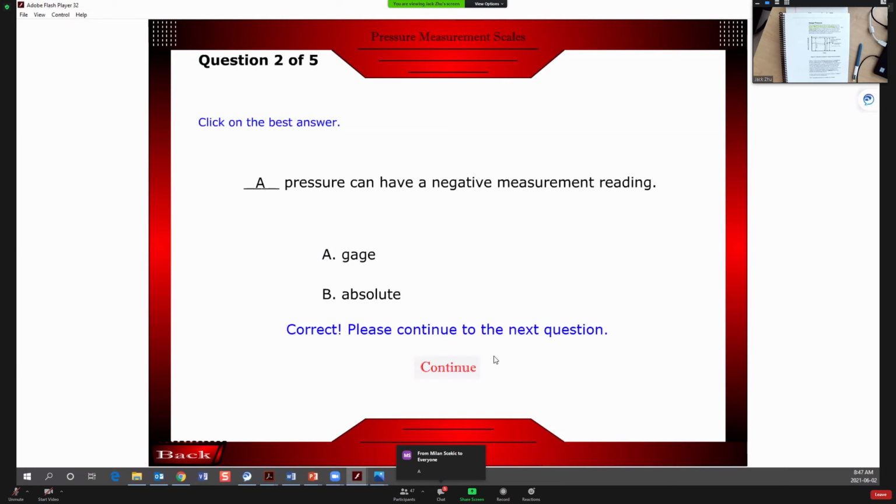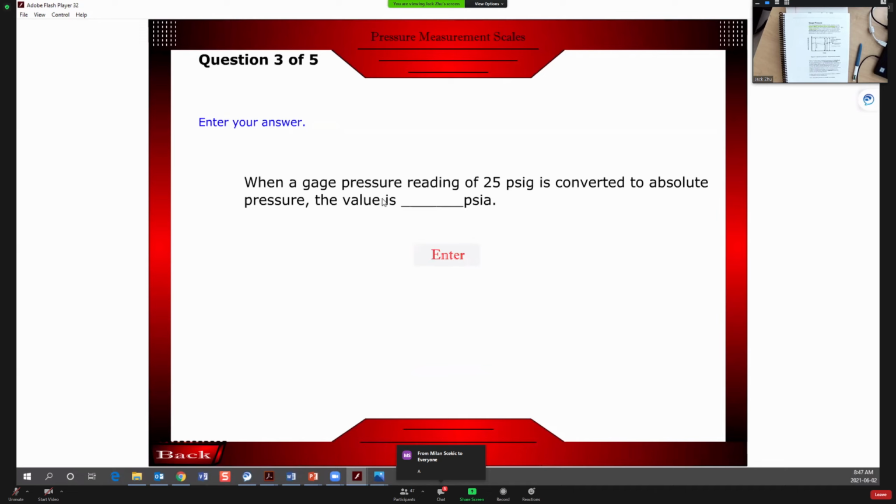A again. We're just going to use 14.7 for this. 29.7. Oh, sorry. We should add 14.7, so 39.7. Fan, you're going to lose a mark on your exam. It's okay, I made a mistake too. I didn't think about it.